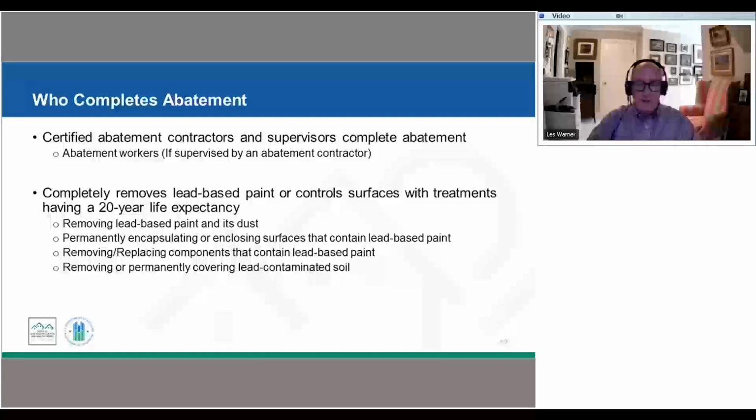And part of our ongoing maintenance requirements when it's not lead-free is to make sure that any of these treatments or controls that have been done haven't been damaged in some way, so they continue to function to control that hazard. And that includes things, when we talked about where we have lead-contaminated soil, where we might be removing it, we might be permanently covering it so we contain that exposure.